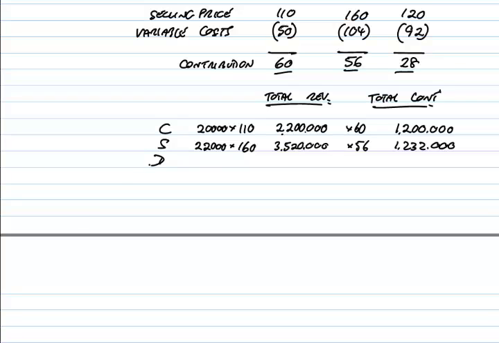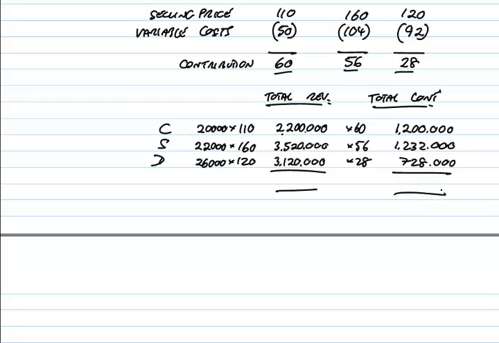And finally D, volume 26,000 units, the revenue at 120 is 3120, the contribution 26,000 at 28, 728,000.